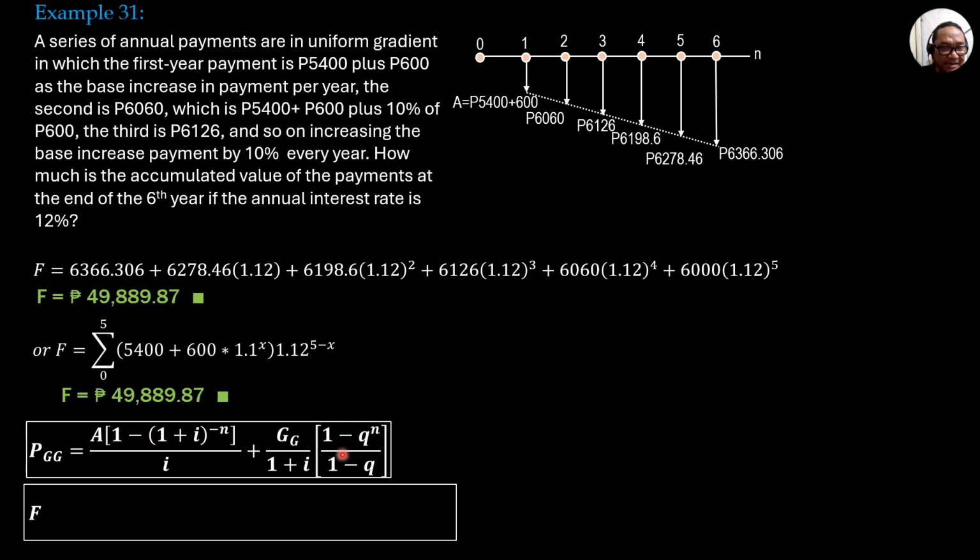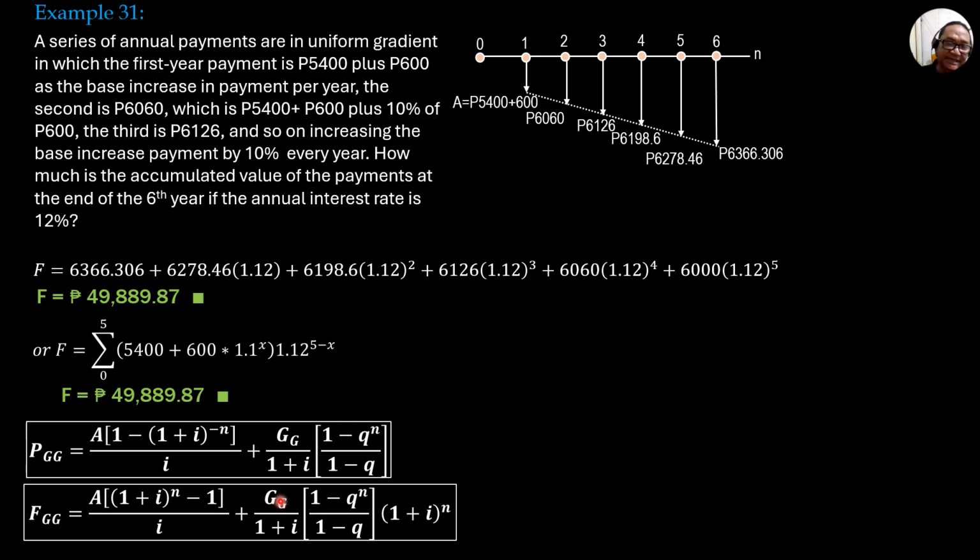Then the second term, G sub G over 1 plus I, 1 minus Q to the n over 1 minus Q times 1 plus I to the n, becomes G sub G, quantity 1 plus I to the n minus 1 times this quantity here. So there's no more 1 plus I. Q is 1 plus 0.1 over 1.12, that's why it is 55 over 56.